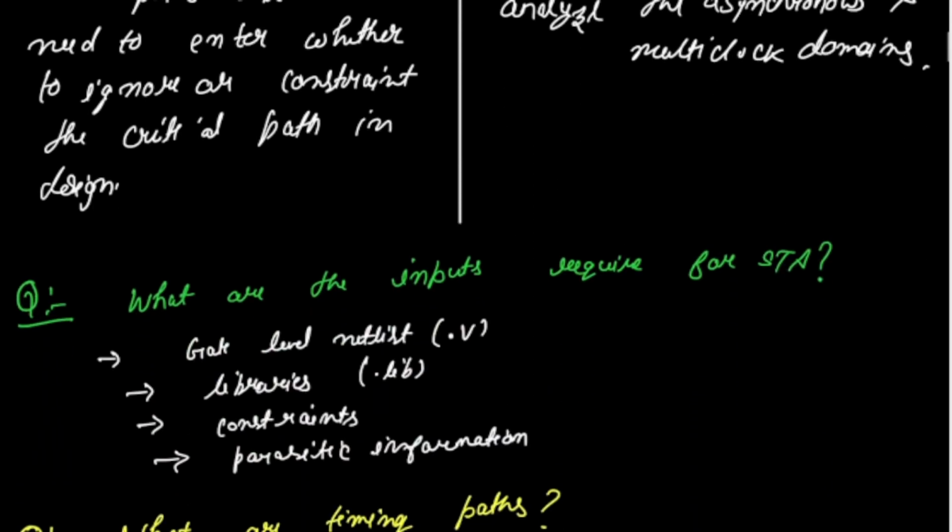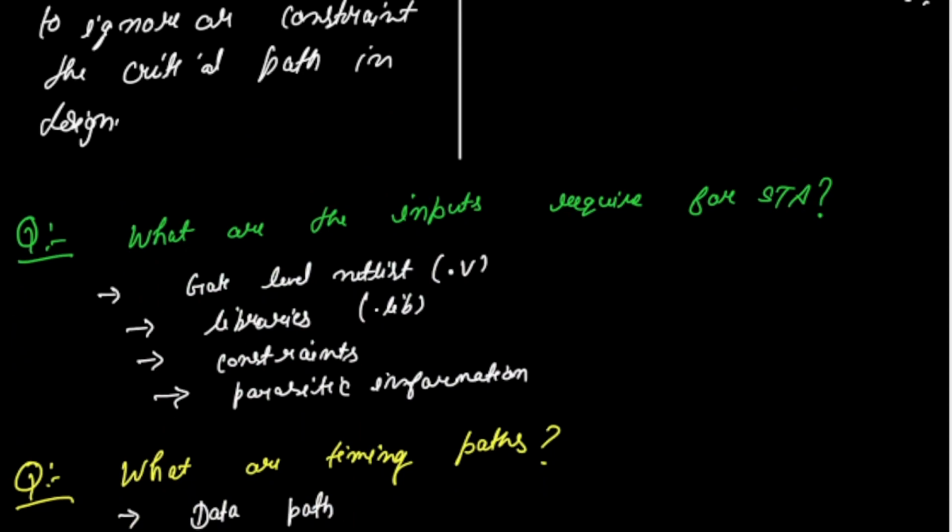Now the next question: what are the inputs required for STA? The basic input files are the netlist file, library, constraint file, and parasitic information. In the netlist, you have the logical connectivity of your design. Libraries are like the .lib file, in which we have the timing information of macros and standard cells.